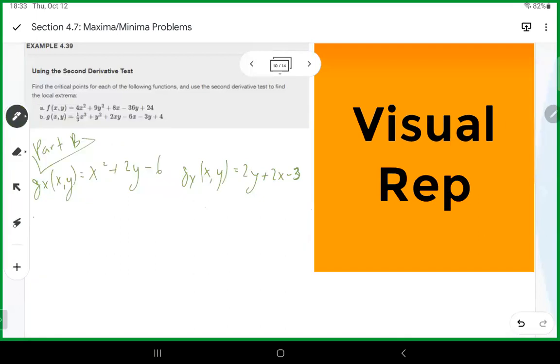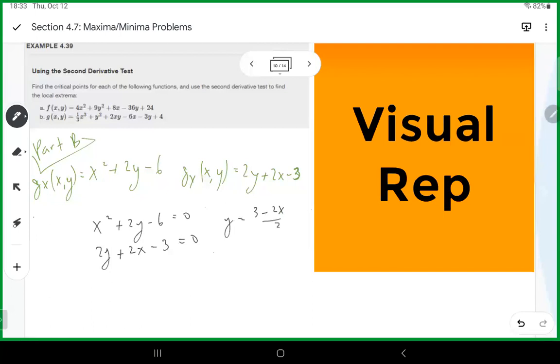And we will set those to 0 and solve. So if we solve for y, we get (3 minus 2x) over 2.